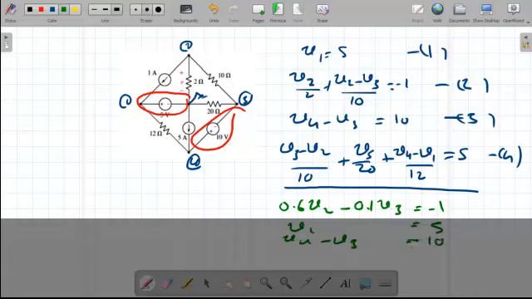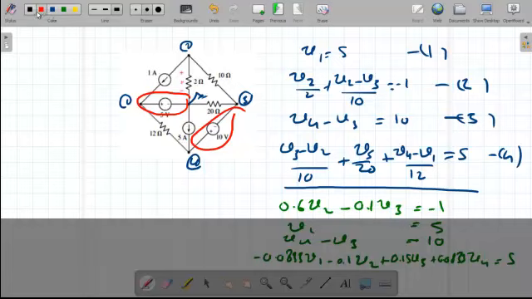The last one: minus 0.0833 V1 minus 0.1 V2 plus 0.15 V3 plus 0.0833 V4 equal 5. So after you solve this, you will get the answer.